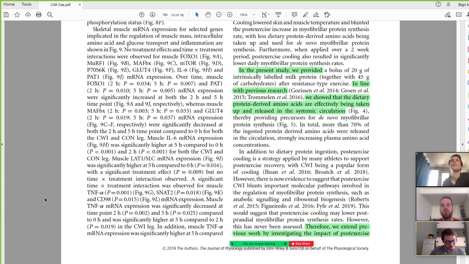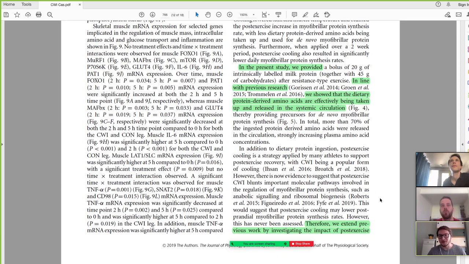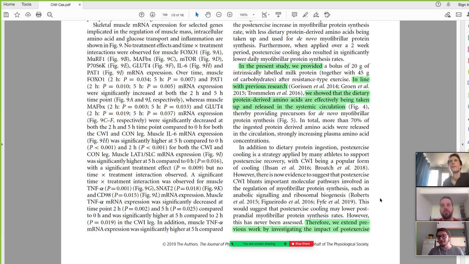Cas basically just wanted to tell us that more than 70% of the protein shake was effectively digested and absorbed. So it was in the circulation, which is a first step of saying that the protein that we give actually becomes available in the body, so it could potentially be used in muscle protein. That's a nice first step of the whole process.